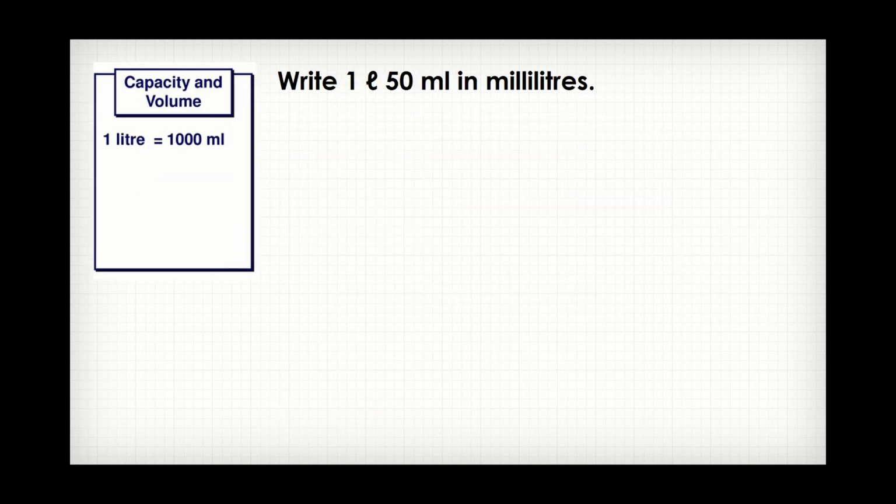Next example. Write 1 liter and 50 milliliters in milliliters. Now, 1 liter, 50 ml. We know that 1 liter is equal to 1000 milliliters.